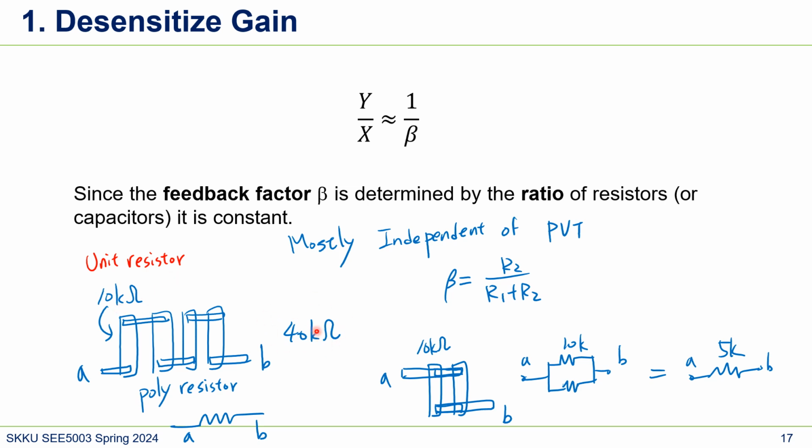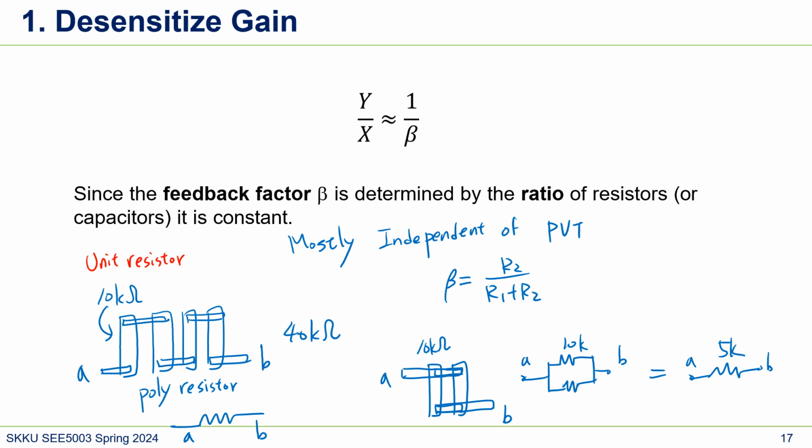We can make 40k by connecting 4 unit resistors in series, or we can make 5k ohm resistance by connecting them in parallel. The reason why we use the same unit resistor is that we want to avoid the PVT variation, because the PVT variation depends on the shape of the resistor. So that's how we actually implement the resistor ratio.